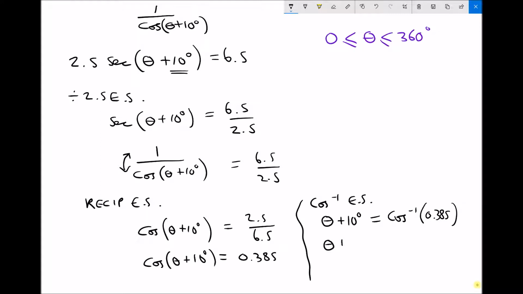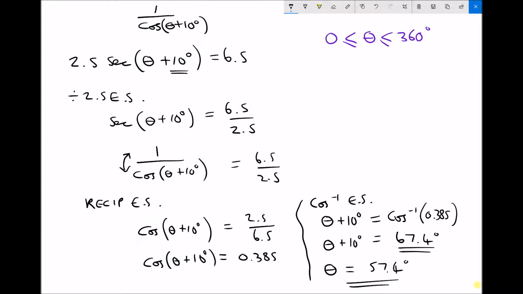Therefore, theta plus 10 degrees equals 67.4 degrees. And finally, that means that theta must equal, subtracting 10 degrees from each side, 57.4 degrees.